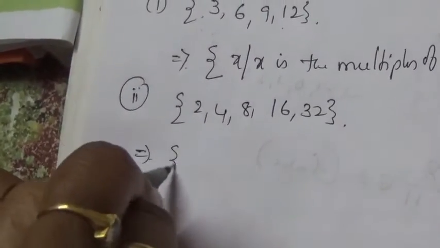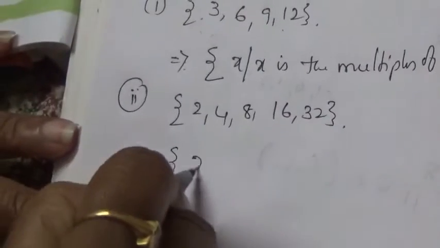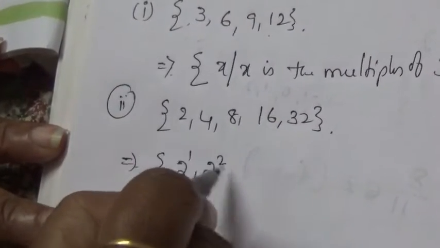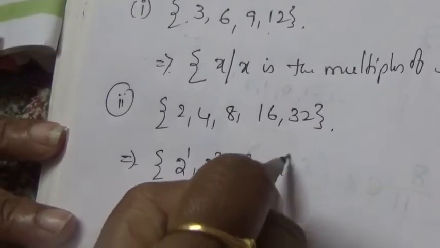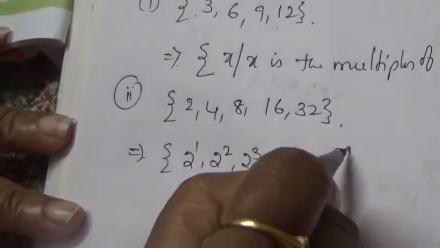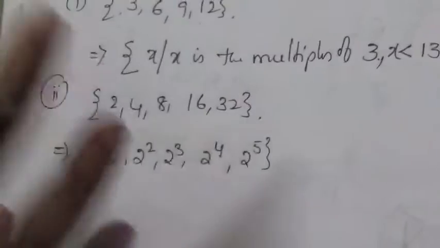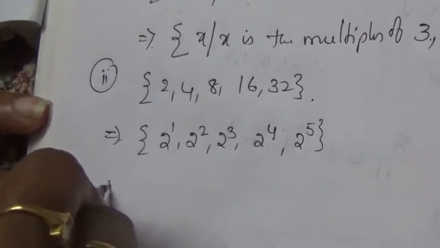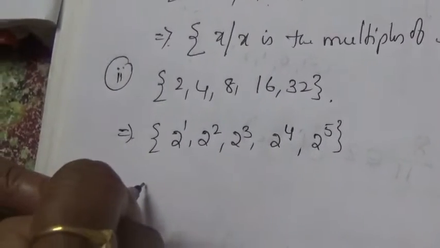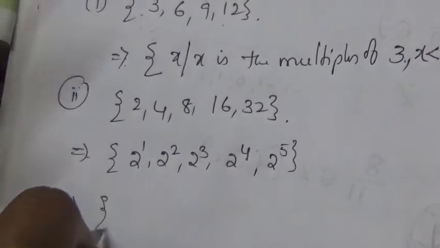So these numbers, just look carefully here. 2 to the power of 1, 2 square, 2 cube, 2 to the power of 4, 2 to the power of 5. You can write these numbers like this, right? So look here. How can we write this in set builder form?